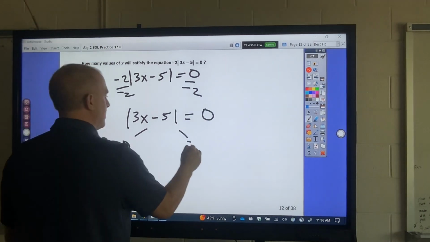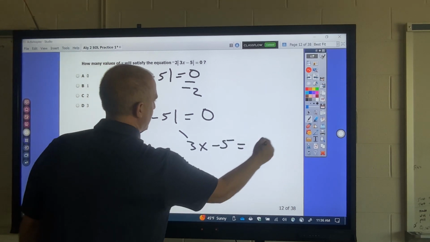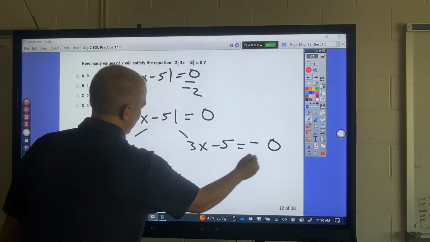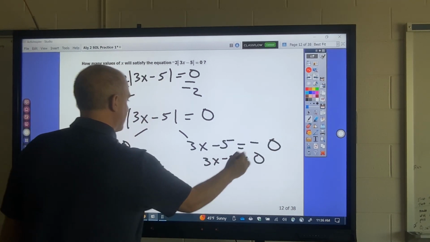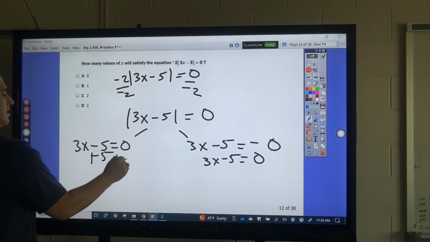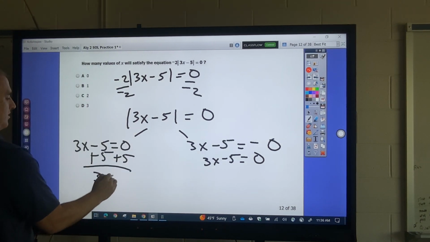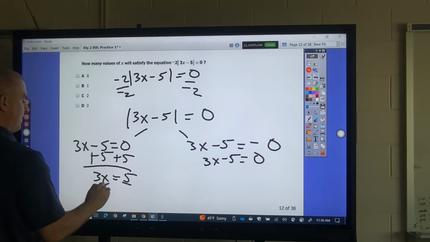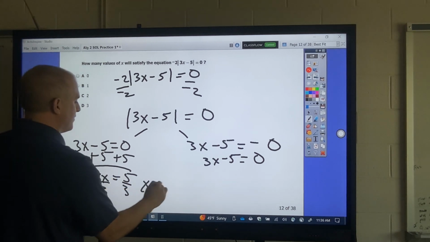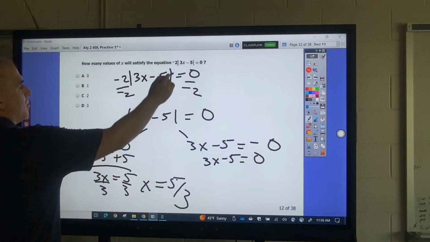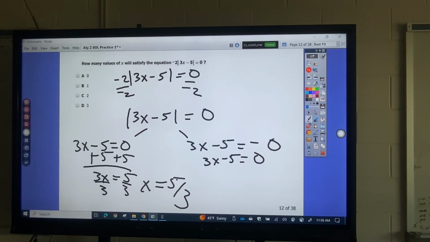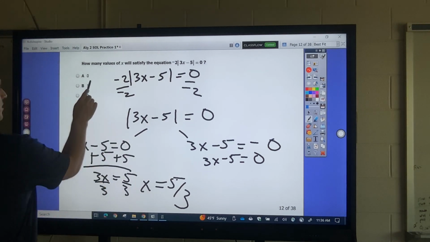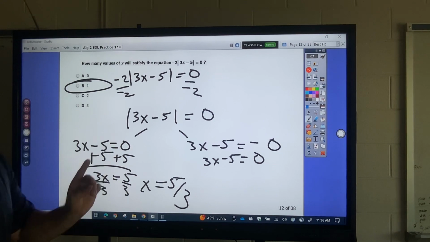One is that, and the other one is we put a negative in front of that, but that's just going to be 0. So it ends up being the same thing. So 3x equals 5, divided by 3 is 5/3. Now we always got to check, if I were to put 5/3 into there, would that work? It would. So only one value would solve that.